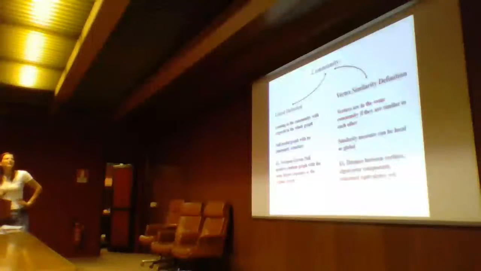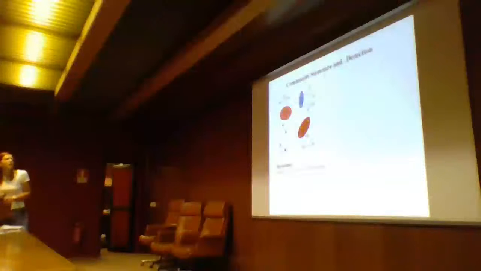In the node similarity definition, vertices or nodes are in the same community if they are similar to each other. The similarity measure can be local or global. Examples are distance between vertices, eigenvector components, structural equivalence, etc. These are some of the features of node similarity.